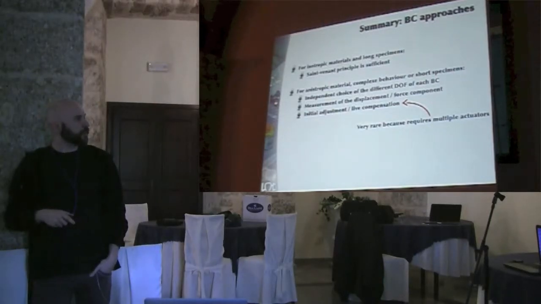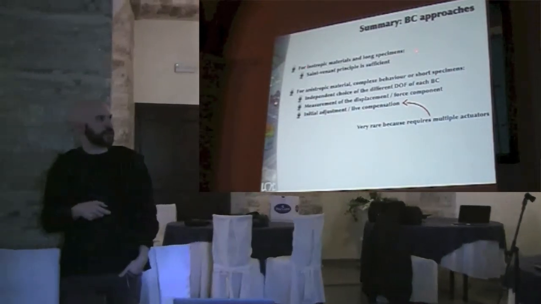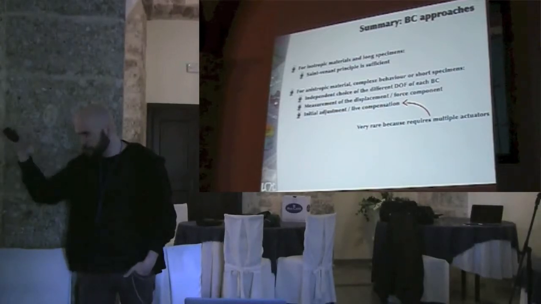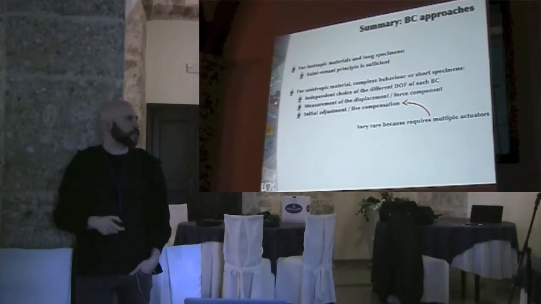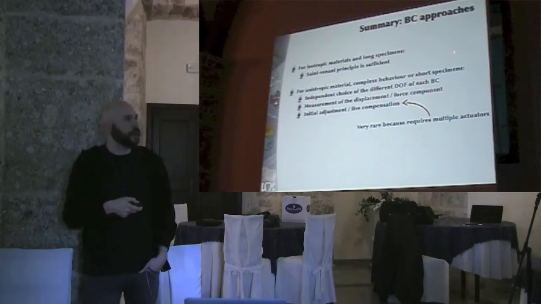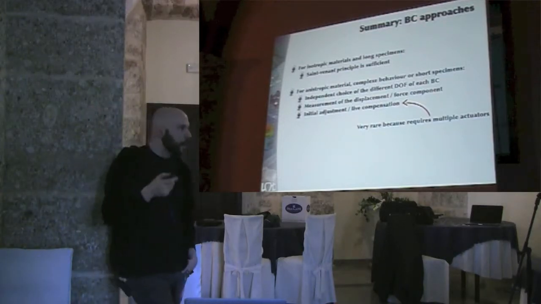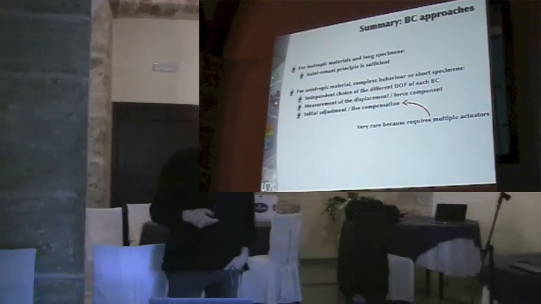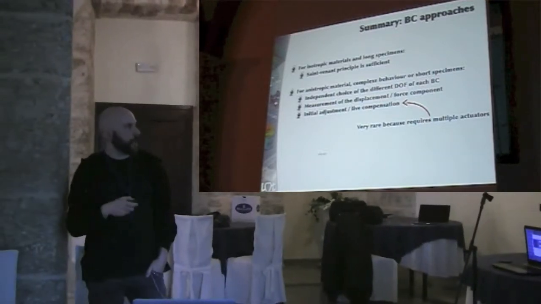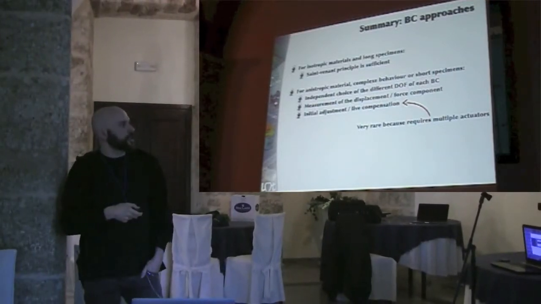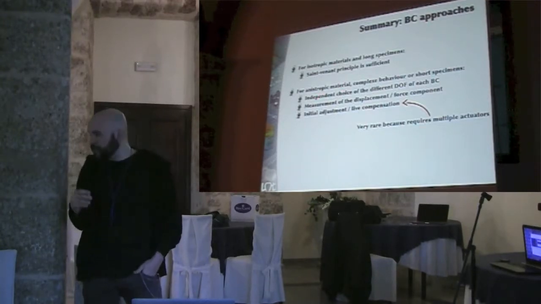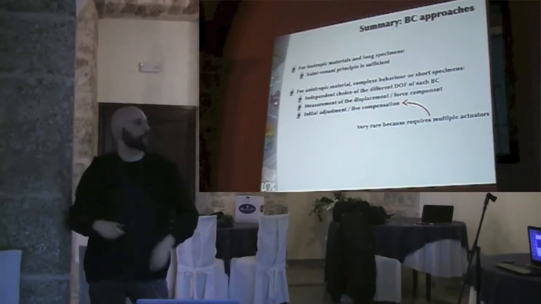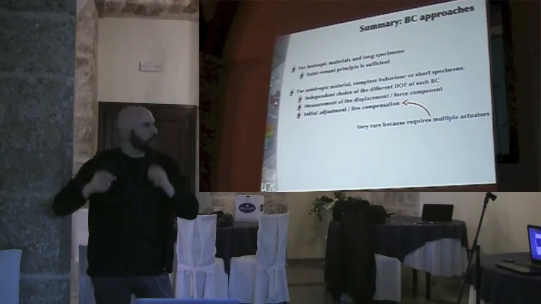So, to put it in a nutshell, for isotropic material and long specimens, it's very easy. Saint-Venant's principle is sufficient. But for anisotropic materials, complex behavior, short specimens, well, you must start to really choose your boundary condition very accurately. You can have an independent choice of the different degrees of freedom of your boundary condition, like free rotation or not.